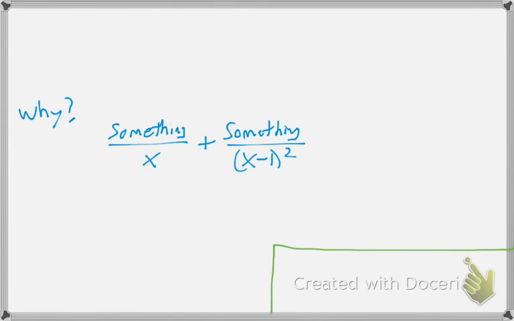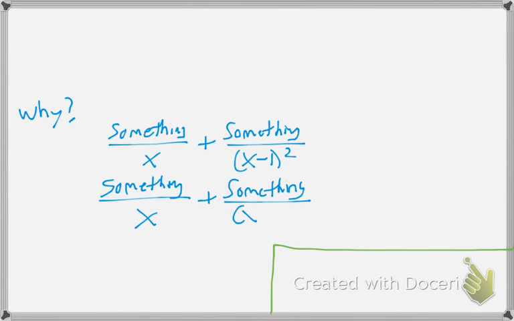And also, let's pretend you could also have something over x plus something over x minus 1 plus something over x minus 1 squared.